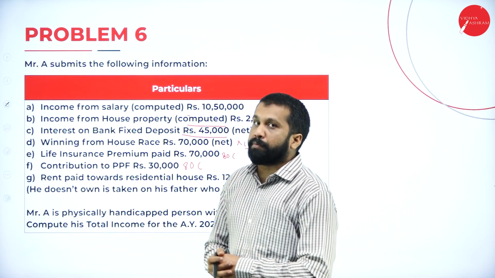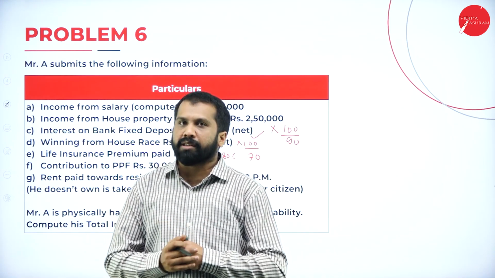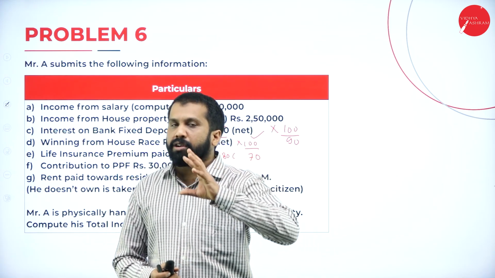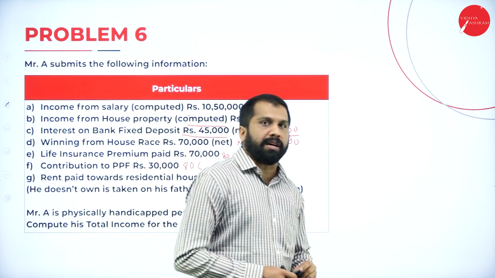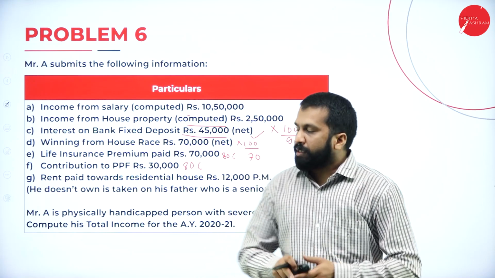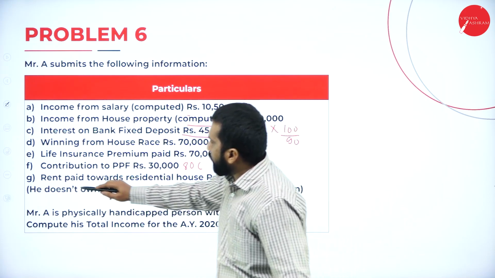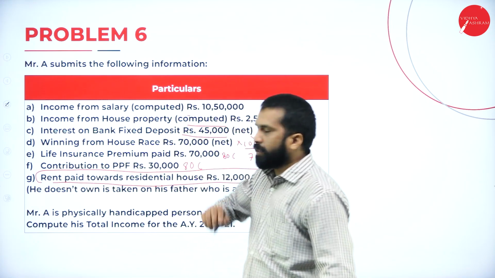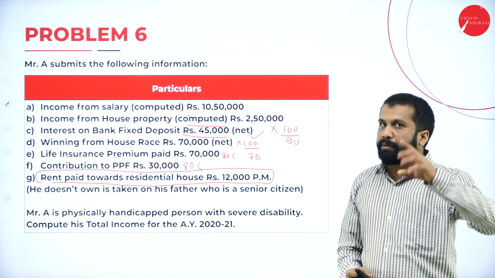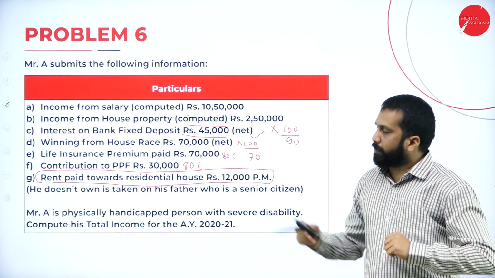In the last problem, we have done so many calculations. We taken adjusted gross total income, 80GG. Remember, 80GG will come for rent paid. So, these are only complicated deduction you have so far. Clear? In the previous session, we have done many big working note for this.